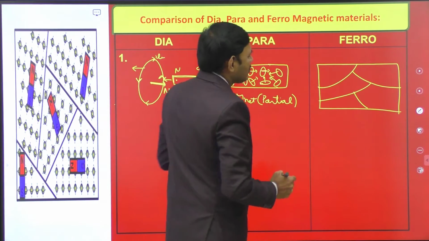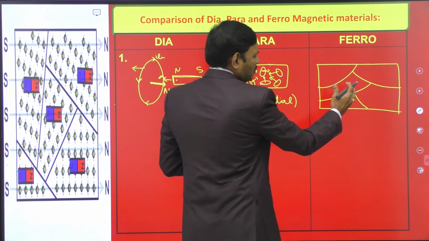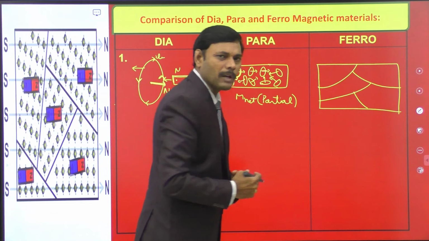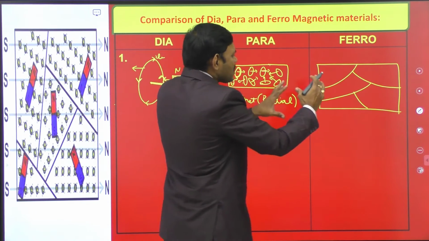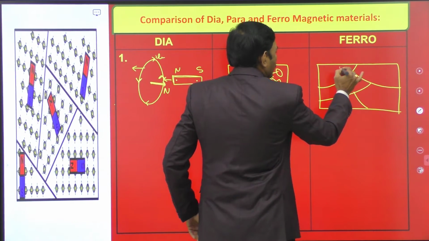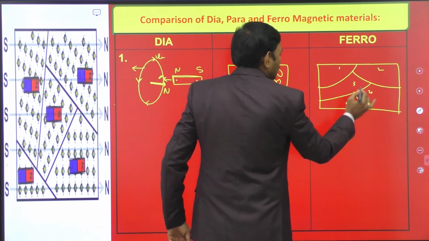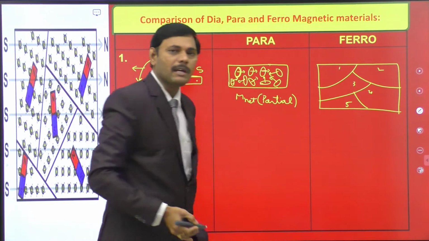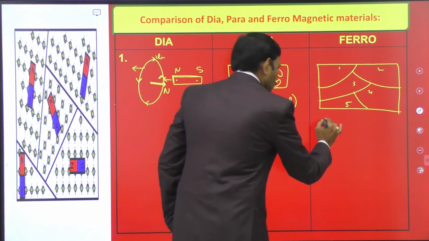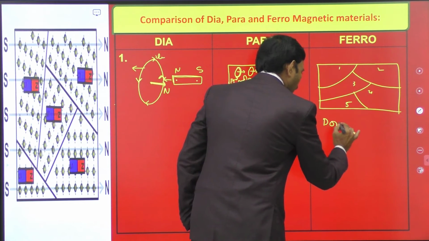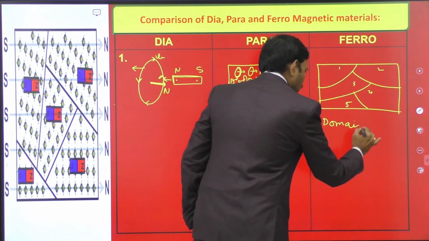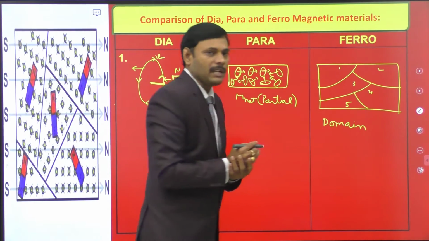To understand the ferromagnetic property, let us consider we have regions 1, 2, 3, 4, 5. Let them be named as domains. So the name of each region is domain.